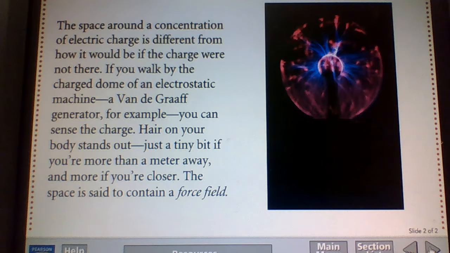This little device here on the right hand side of the screen, I don't know what they call it. I have one, they call it an electric disco ball or something like that. Basically, what it is, is a Tesla coil in here, which can emit very large charges in the form of electric lightning bolts.